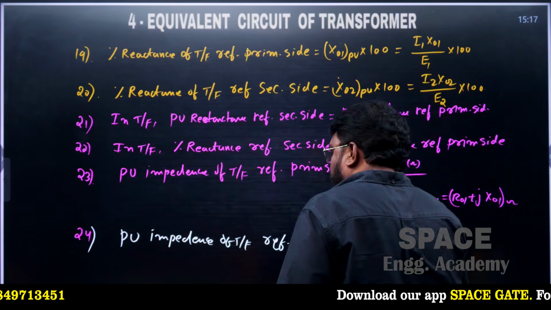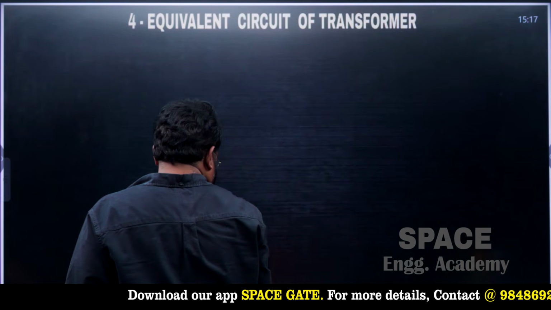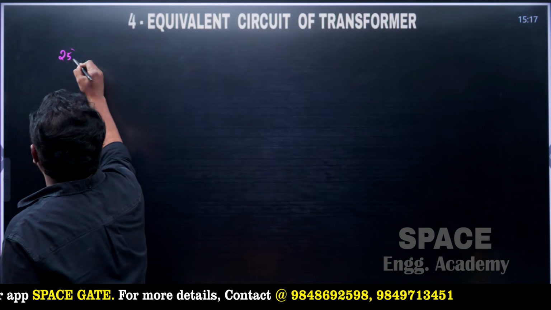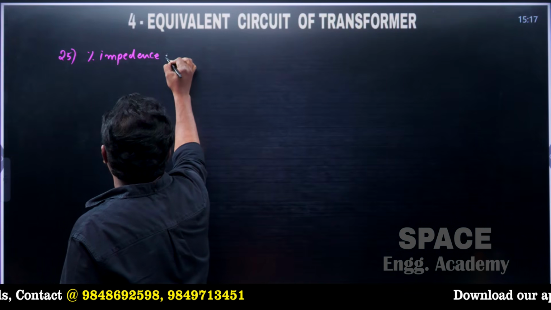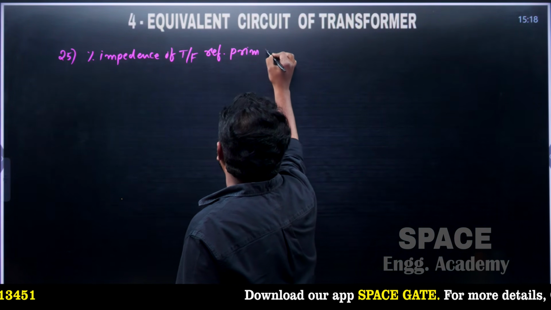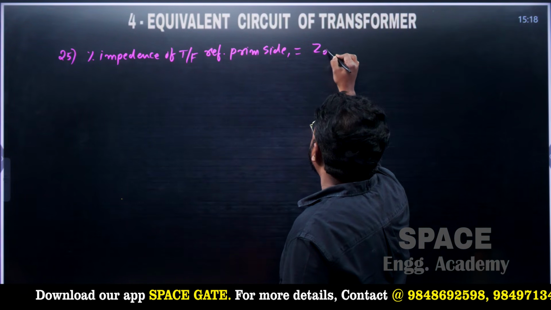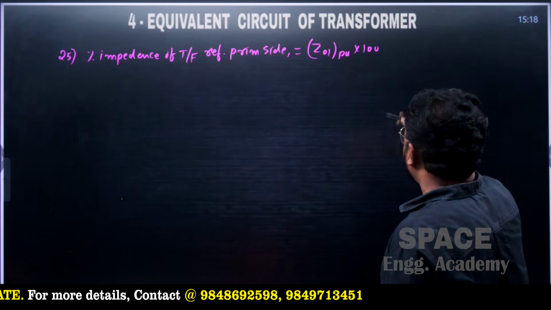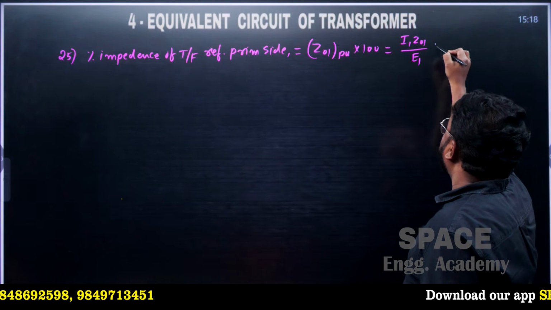The next one, the 25th point: percentage impedance of the transformer referred to the primary side is equal to Z01 per unit value multiplied by 100, that is I1 Z01 divided by E1, into 100.